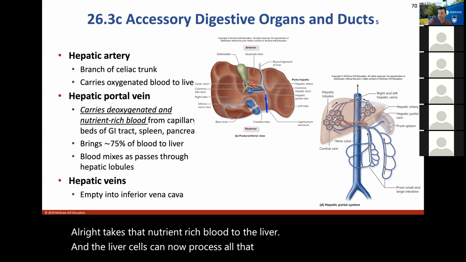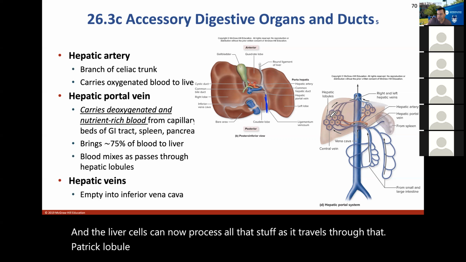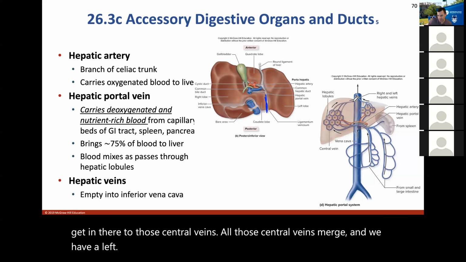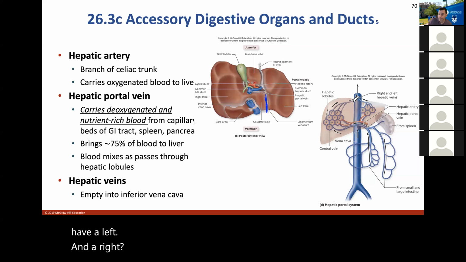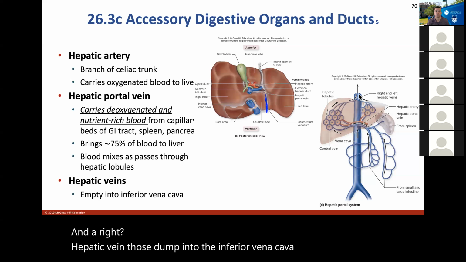As it travels through that hepatic lobule, it gets to those central veins. All those central veins merge and we have a left and a right hepatic vein. Those dump into the inferior vena cava and head back to the heart.